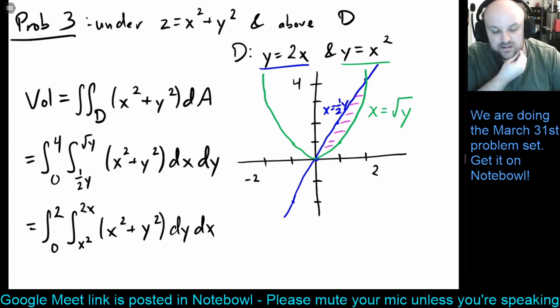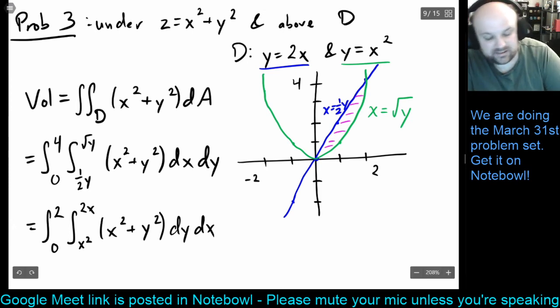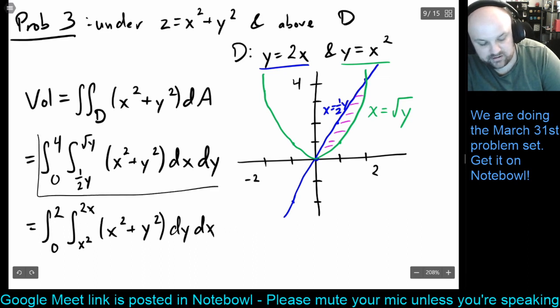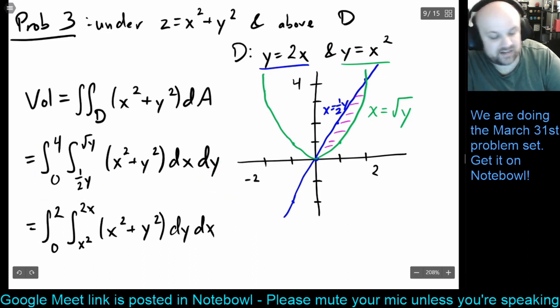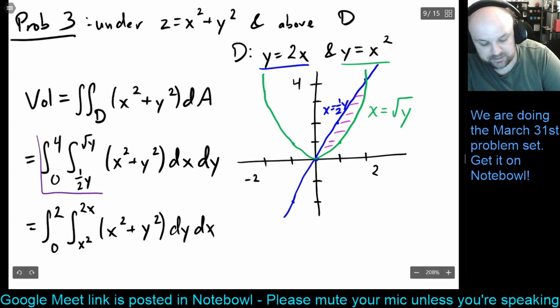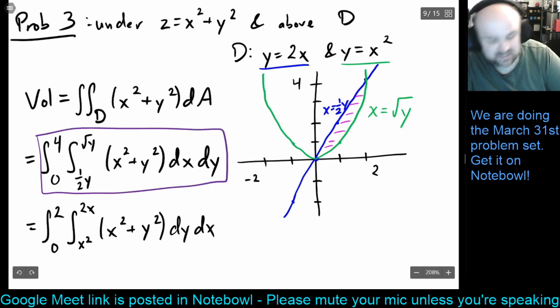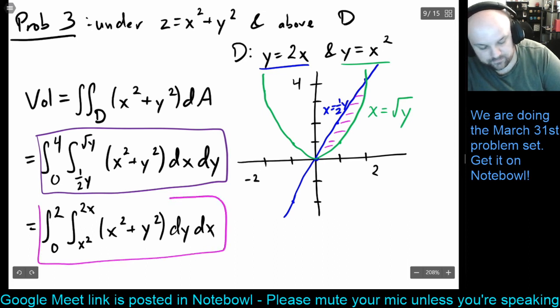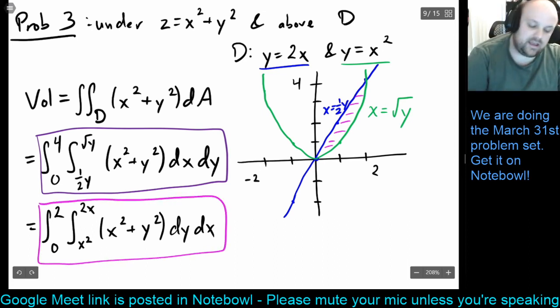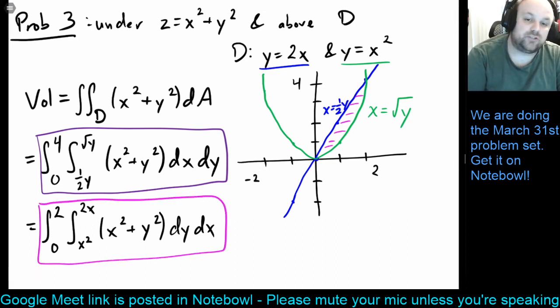All right. So any questions about this at all? And by the way, what I'm saying here with this is fine as an answer, or sorry, as an integral to compute. This is perfectly 100% correct. But so is this one. And it doesn't really matter at all which one you want to do.